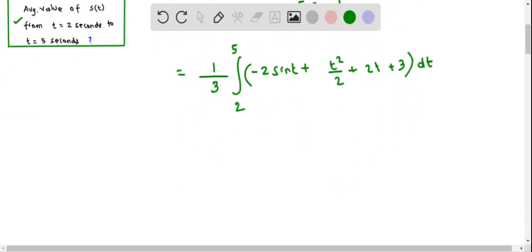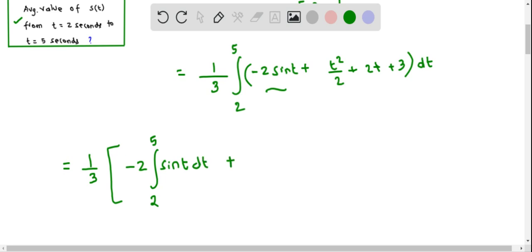So we have to find the integral of each of the terms inside this integral. You can split this as separate integrals. I put this multiplier 1 by 3 in front, and then we put this definite integral for each of the terms. That is, for the first term, it is negative 2 sine t definite integral. So I factor the negative 2, and then write this as 2 to 5 integral of sine t dt plus t squared by 2.